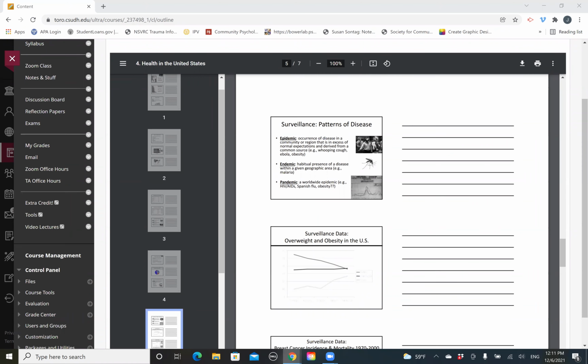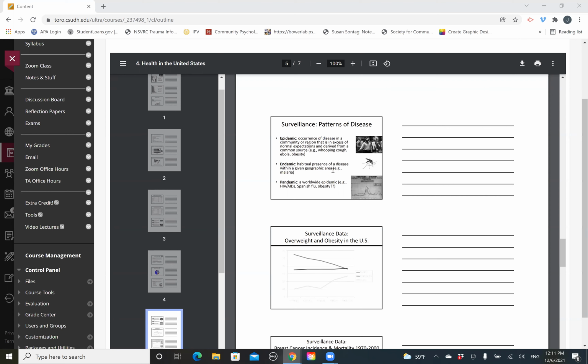There was an outbreak of SARS, a coronavirus, not COVID-19, in Asia in 2002. So that was 2002 to 2004, and it was a strain of coronavirus. But because it wasn't worldwide, it was an epidemic and not a pandemic, because it was confined to Southeast Asia.